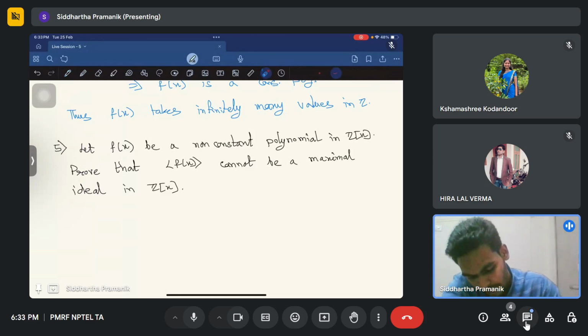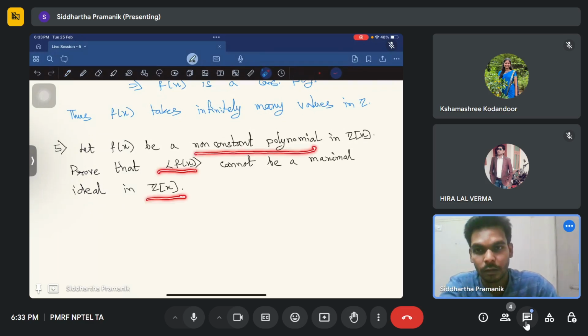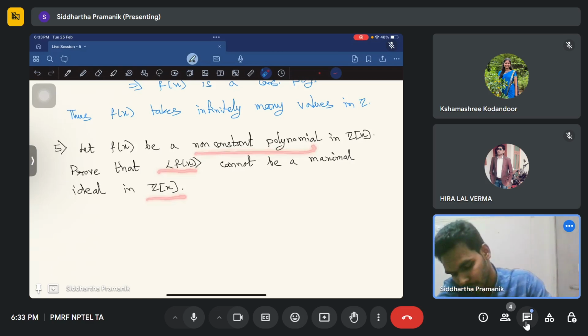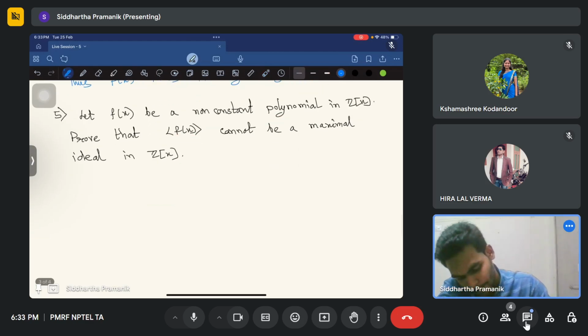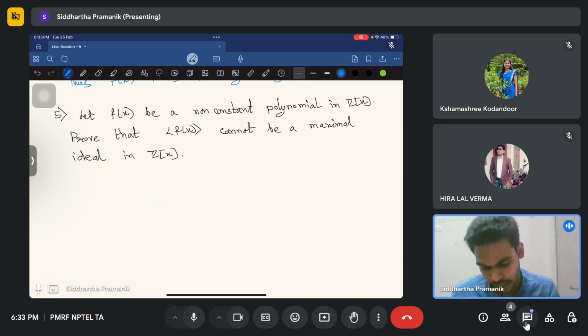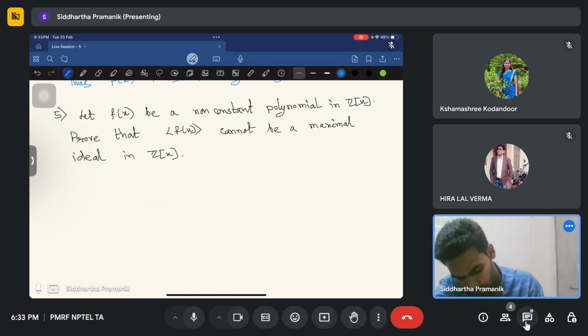So any principal ideal in Z[x] which is generated by a non-constant polynomial cannot be maximal. So this is what this statement says. So in Z[x] there cannot be any principal maximal ideal which is generated by a non-constant polynomial. So how to prove this?